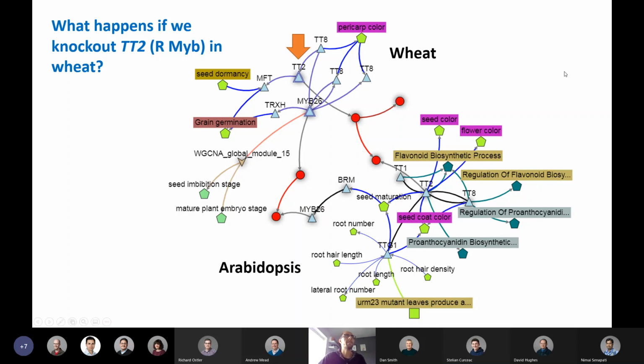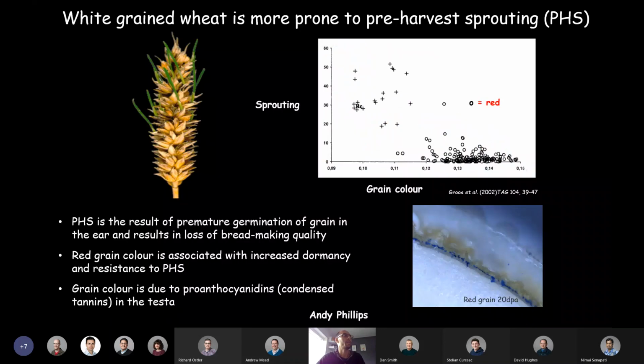So actually, I picked this example because this gene is well studied and it has been knocked out, and the phenotype of this gene is well known. So what happens if you knock out this gene in rice is that you observe 2 things. First is that the red grain color changes to white grain.